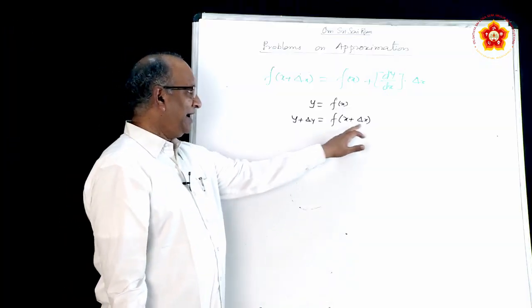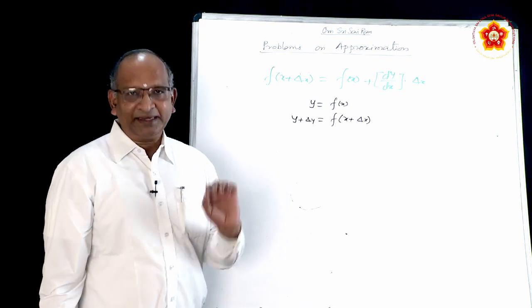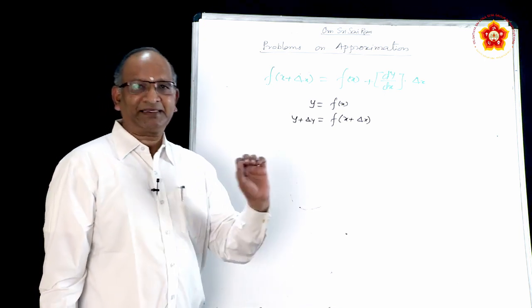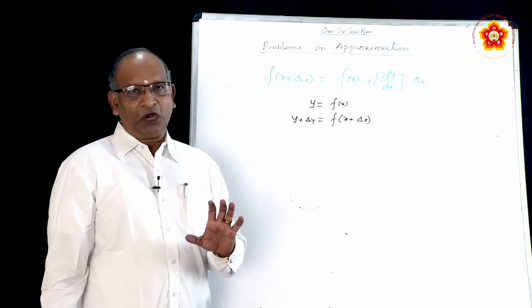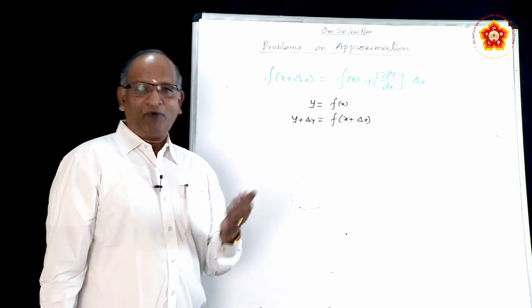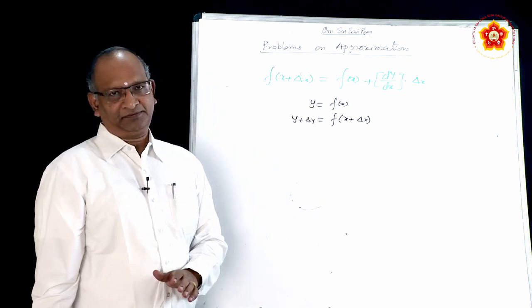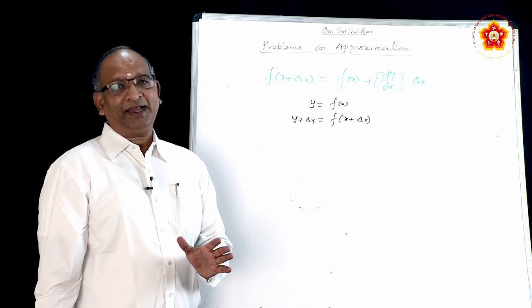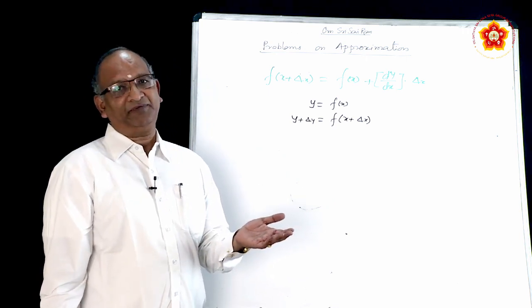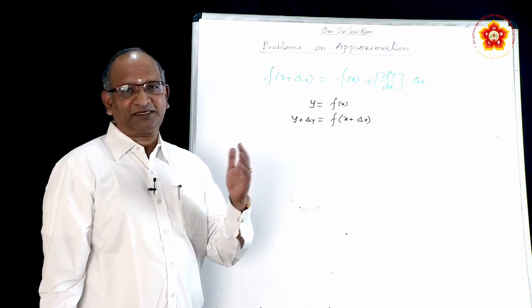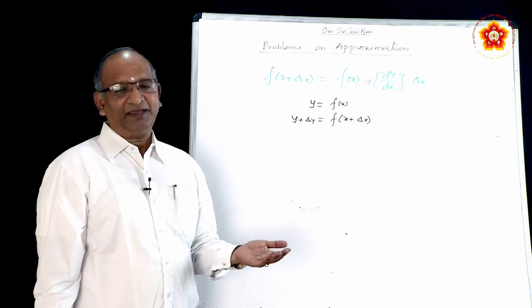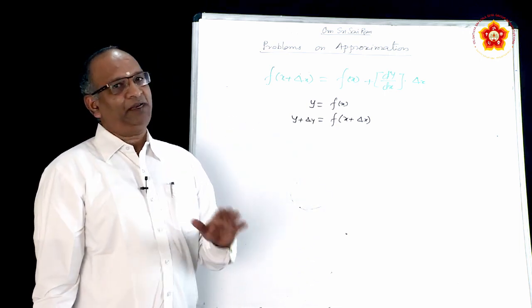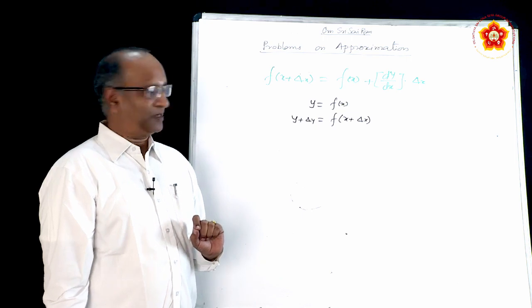So, delta x and delta y are the increments in the variables x and y. X is called independent variable, y is called dependent variable. Not necessary that only y should be dependent variable. If the function is expressed x in terms of y, x becomes dependent variable and y becomes independent variable.